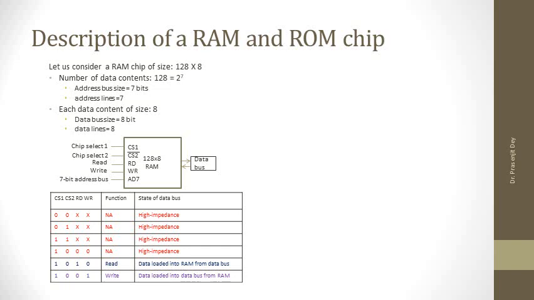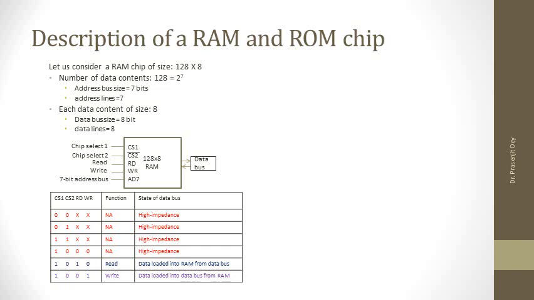That is why, if you look at the fourth row, when CS1 is 1 and CS2 is 0, in that case, as read and write are both 0 0, the RAM chip will not perform any action. But when CS1 is 1 and CS2 bar is 0, and RD is 1 and WR is 0, you will perform the read instruction, and data will be loaded into the RAM from the data bus.